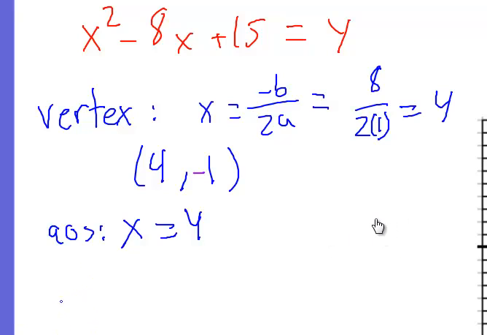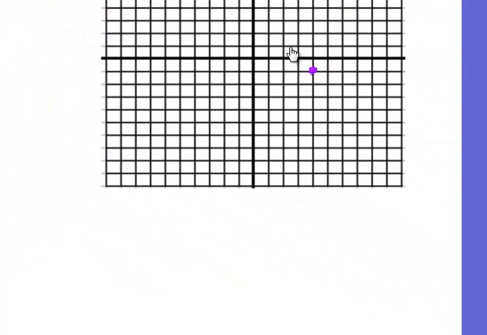The next thing we want to know, it's going to have a minimum at y equals negative 1, because we know that a is positive, so therefore it's going to be opening upwards. Okay. The next thing we have to do is find other coordinates. So we'll do 4, negative 1, then let's do 3 and 2, 5 and 6.